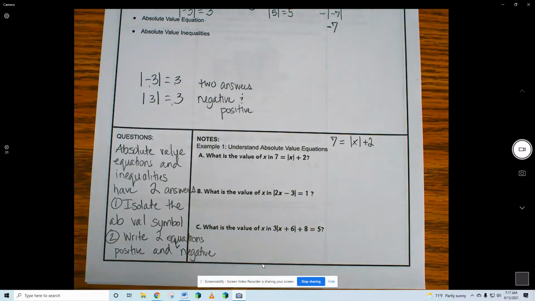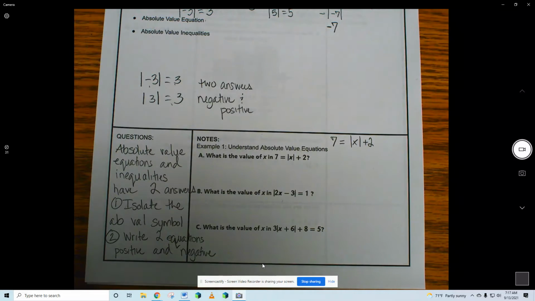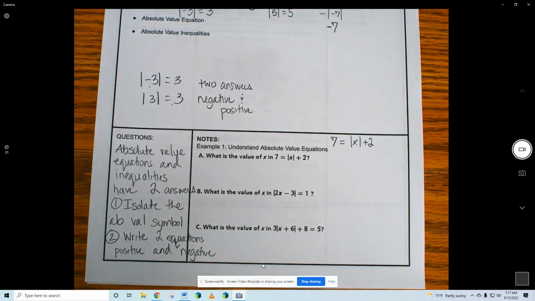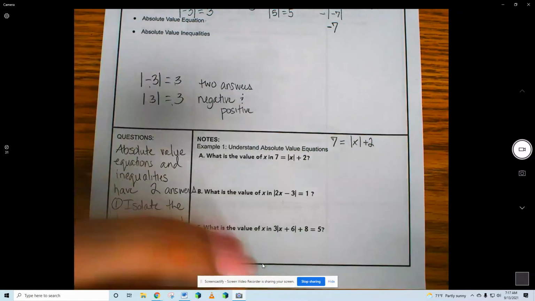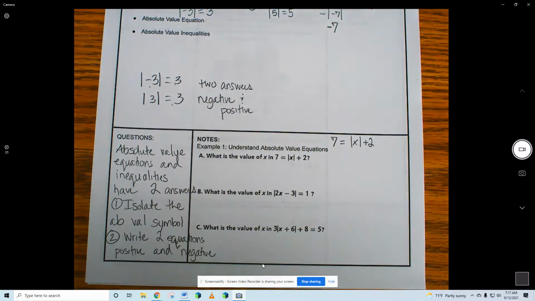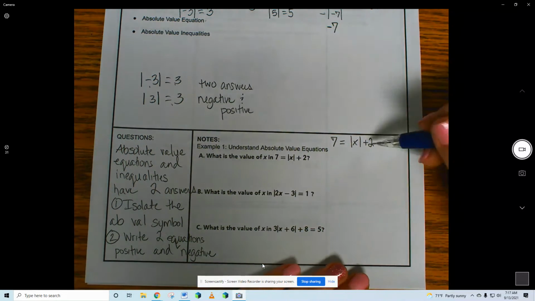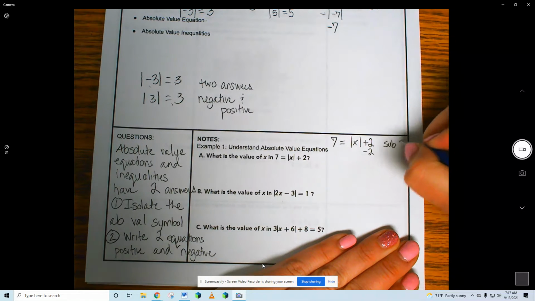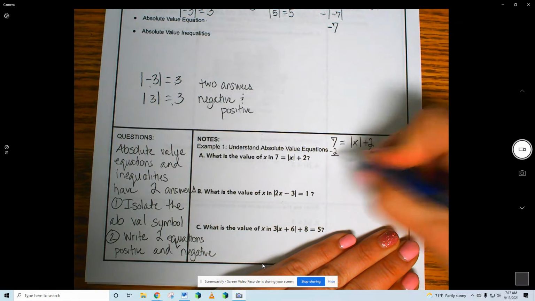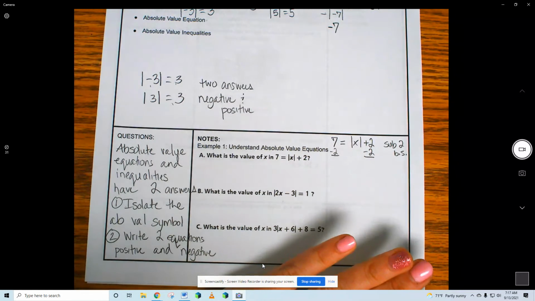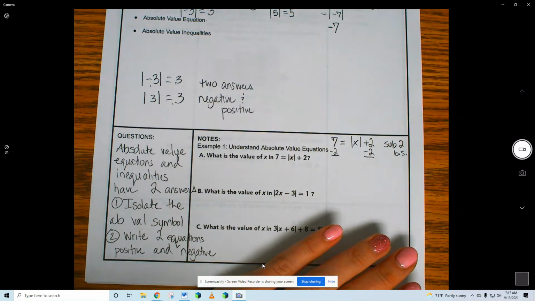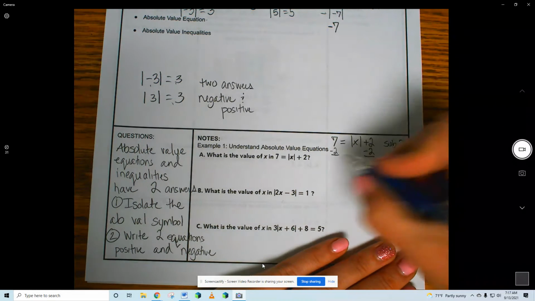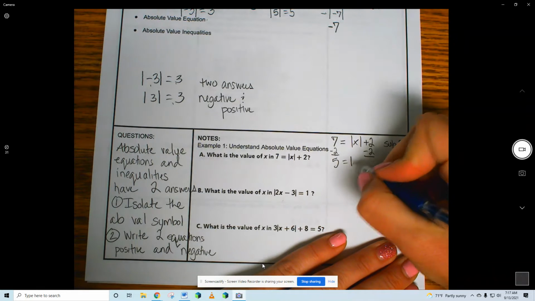You need to first isolate this absolute value symbol because I cannot do a negative and a positive if I have other stuff cluttered next to my absolute value. That means this 2 needs to be moved to the other side. So I'm going to subtract 2 on both sides. So 5 equals the absolute value of x.